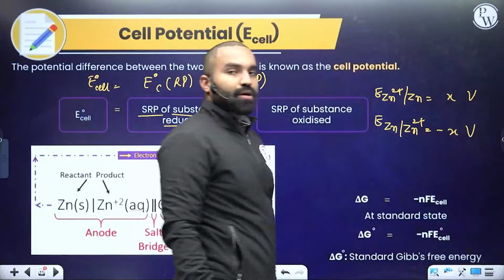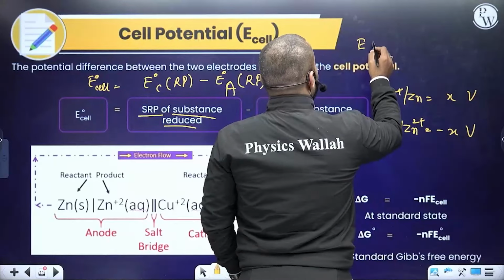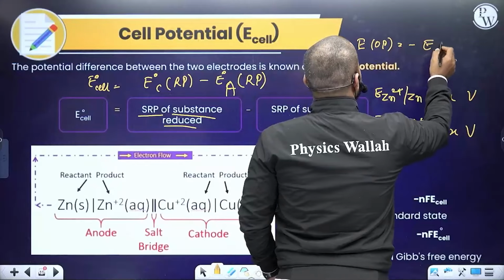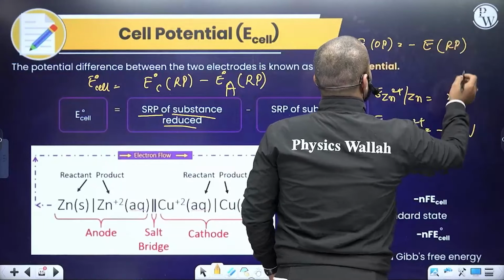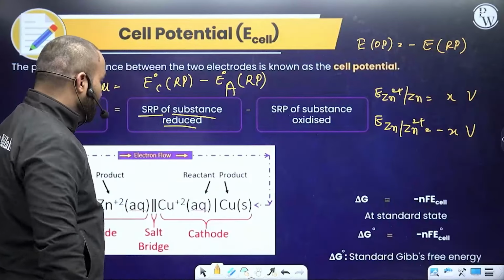Minus x volt. So we can generalize that the oxidation potential of anything is equal to the negative of its reduction potential, or vice versa. Remember that, very very important.